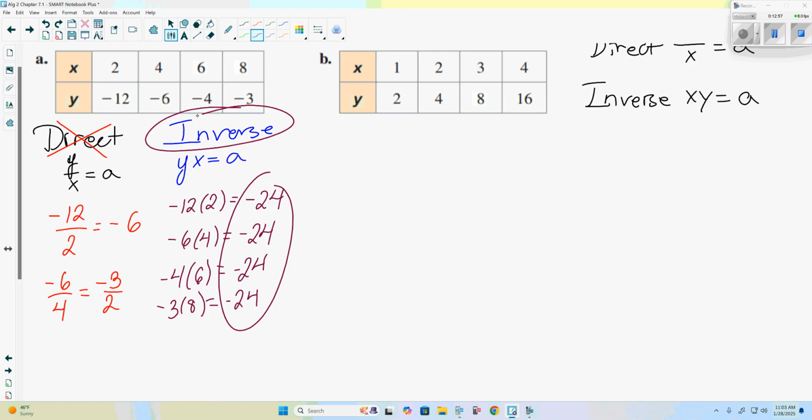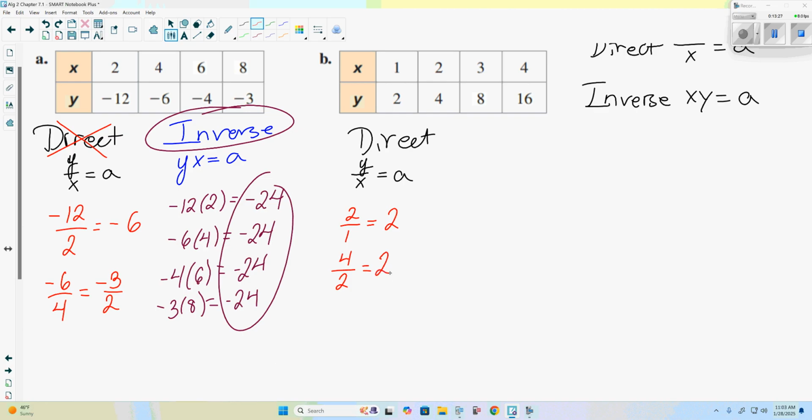Let's look at B. We can start off with direct. Y over x is equal to a. Now the first y value we can pick is 2, and its corresponding x is 1. Well, 2 divided by 1 is 2. Our next one would be 4 over 2, which is 2.